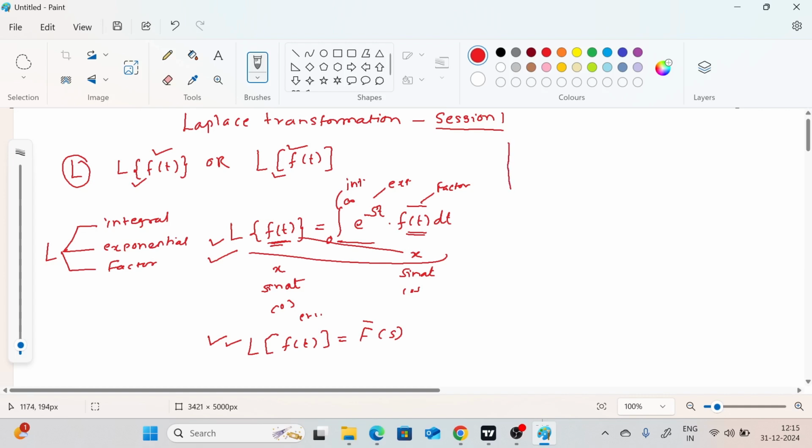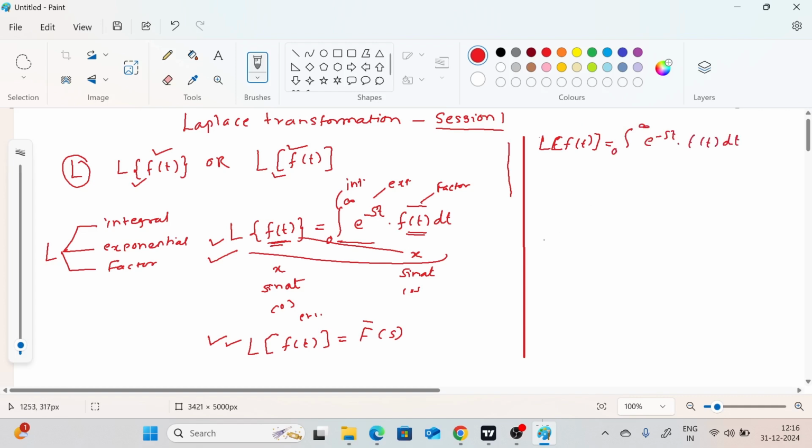Now, based on this equation, what equation do we have? Laplace of f(t) equals integration from 0 to infinity of e raised to minus st f(t) dt.